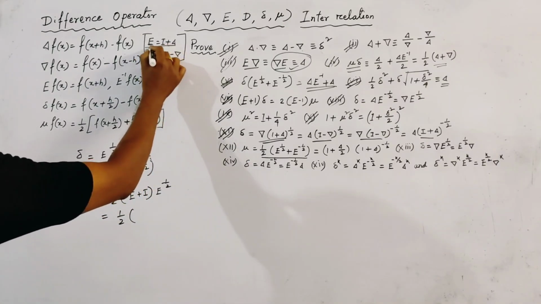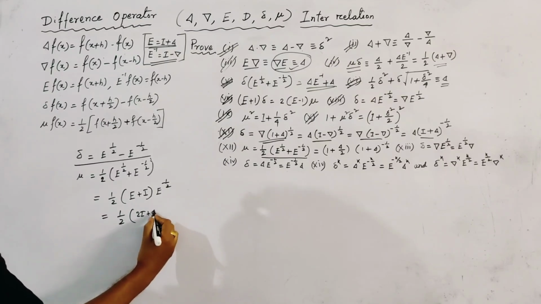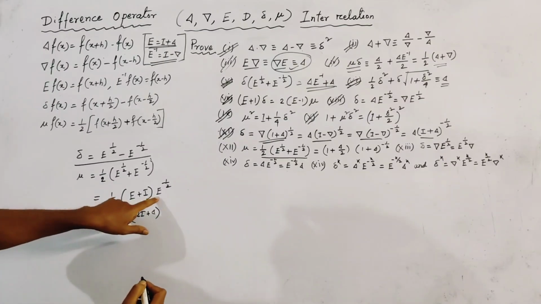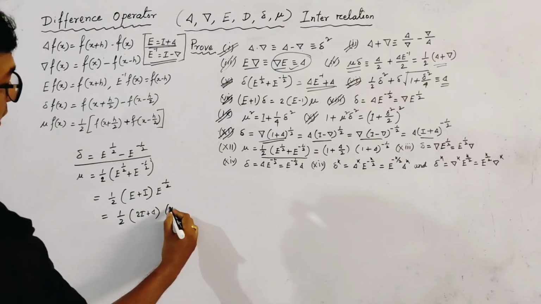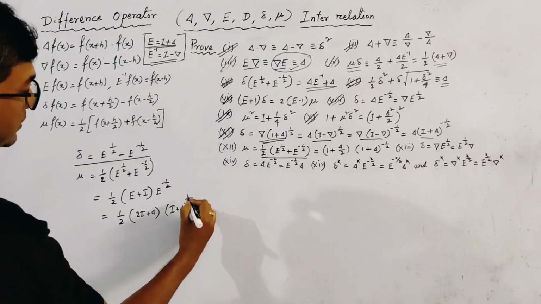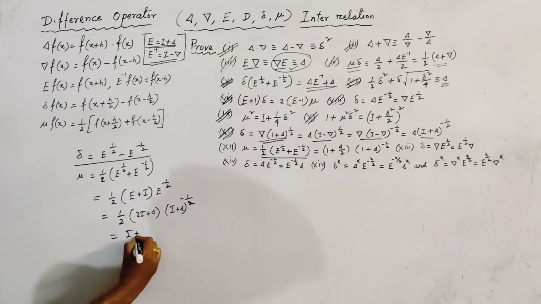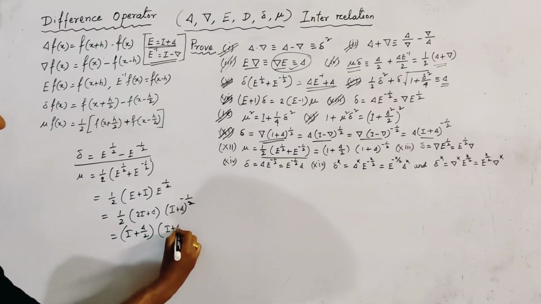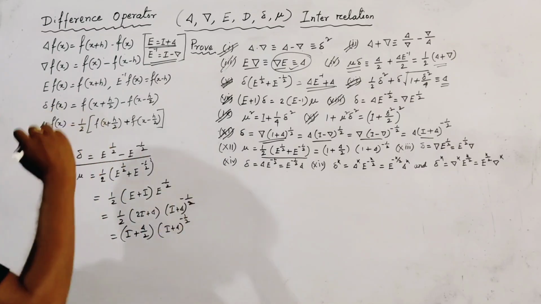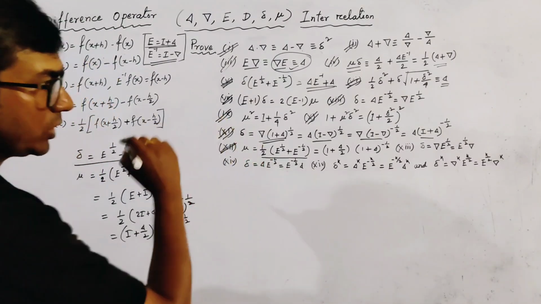Clearly e plus I means 2I plus delta, and e is given by I plus delta to the power minus half. So we get I plus delta by 2 into I plus delta to the power minus half, and this is the proof of relation number 12.